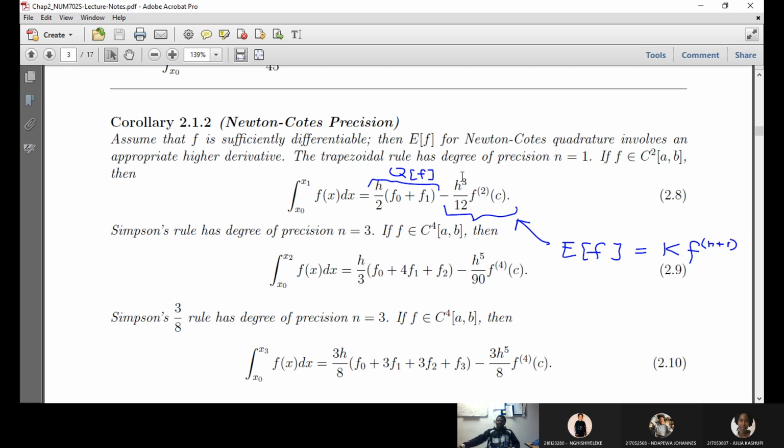That's what we saw with this one. From 3 it became 2, right? Obviously here, we know that the degree of precision of the trapezoidal rule is 1. So the derivative here will not change. It will still be second derivative. The other one will still be fourth derivative.